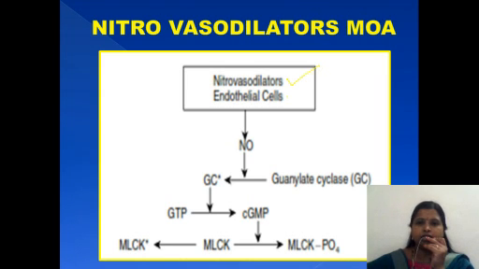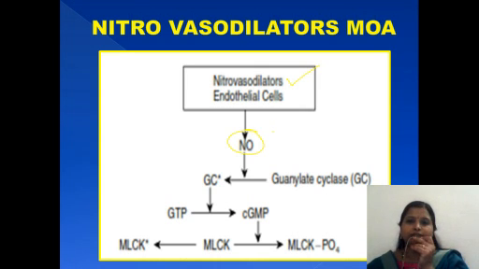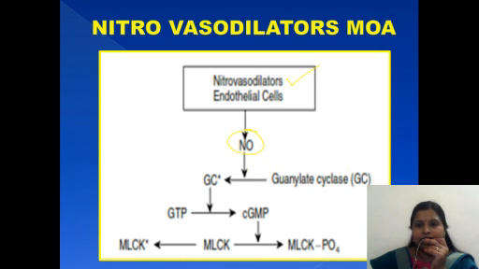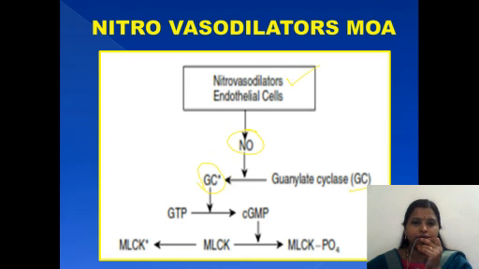So these are the nitrovasodilators which are generating the nitric oxide, the free radical, through nitrate to nitrite, nitrite to nitrosothiol. Then from nitric oxide, the guanylate cyclase is getting converted to guanylate cyclase activated form. Now this activated form of the guanylate cyclase helps in the conversion of the guanosine triphosphate to cyclic guanosine monophosphate, GTP to cyclic GMP, just like the ATP to cyclic AMP.